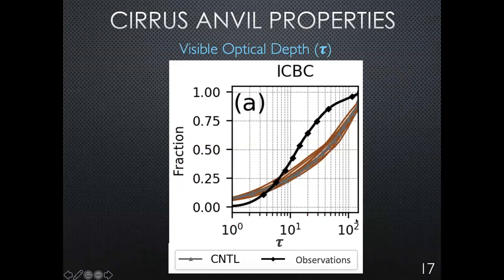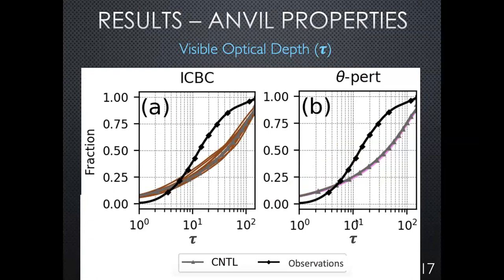Here I'm showing a cumulative distribution function of observations in the black line, which come from a satellite retrieval, the SatCORPS data set that I'm sure most of you are familiar with. And then I show the control simulation in gray, and then the 10 ICBC ensemble members. And we see that we have a spread of about 20 units in the median optical depth produced by this ensemble.